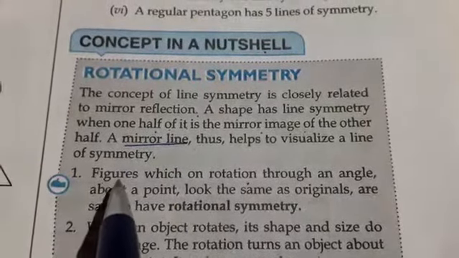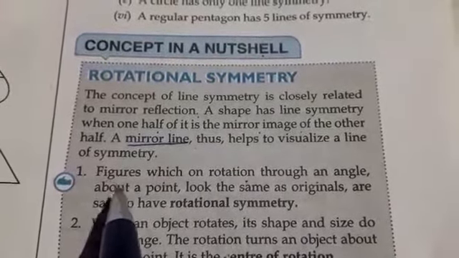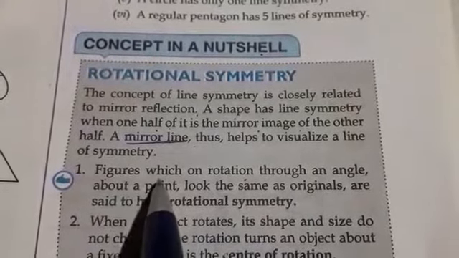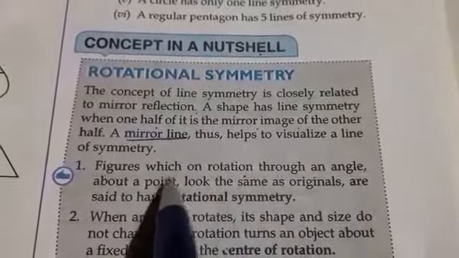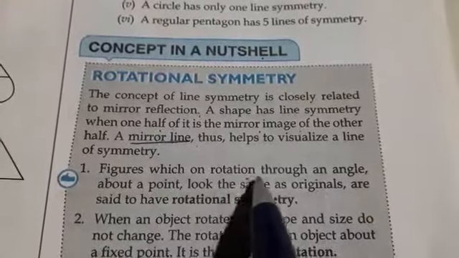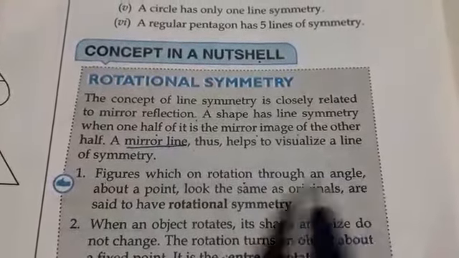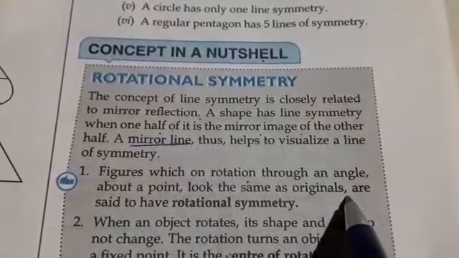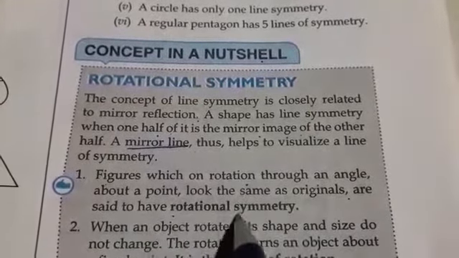Now we know about rotational symmetry. Figures which on rotation through an angle about a point look the same as the original are said to have rotational symmetry.